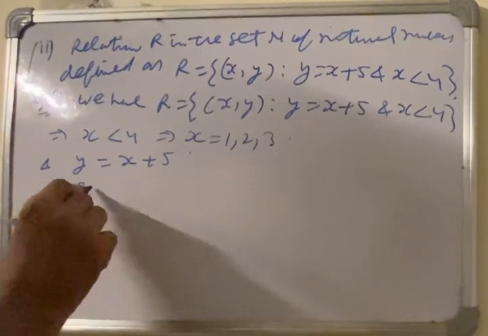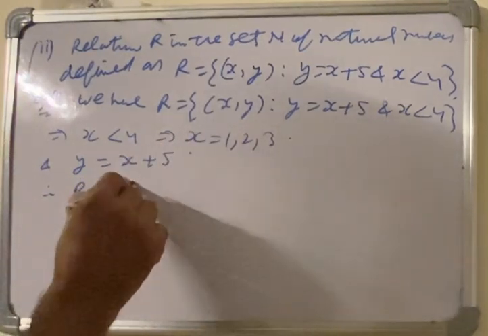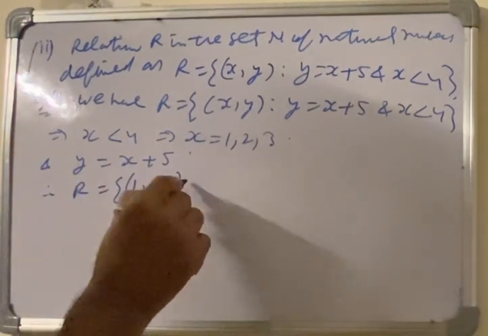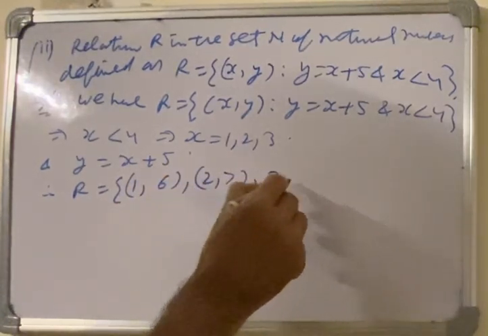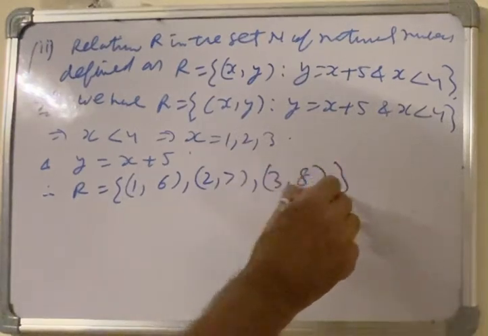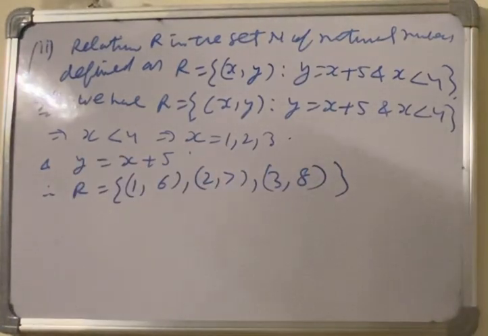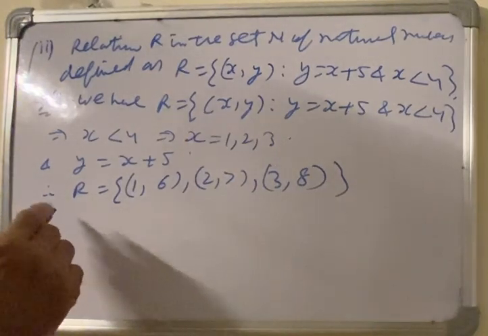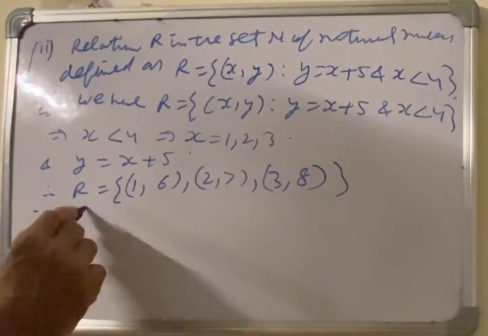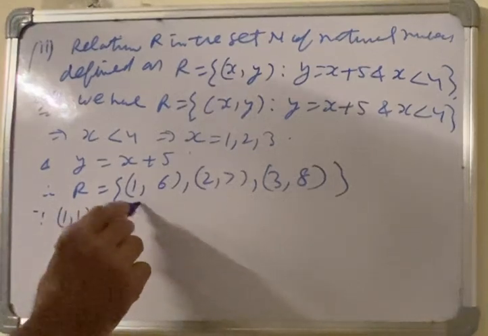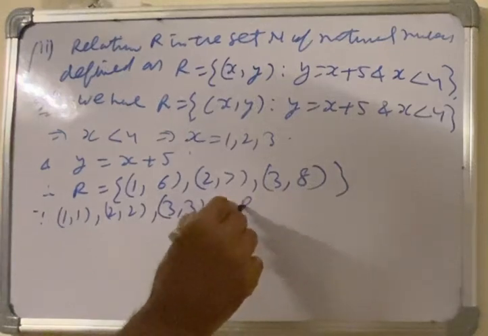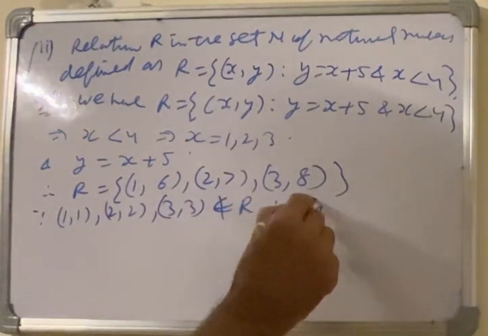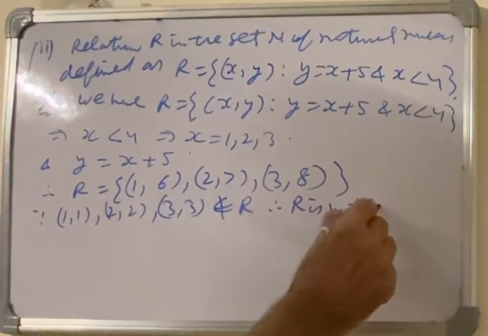Therefore, R is when x is 1, y is 6; x is 2, y is 7; x is 3, y is 8. Now since (1, 1), (2, 2), (3, 3) do not belong to R, R is not reflexive.